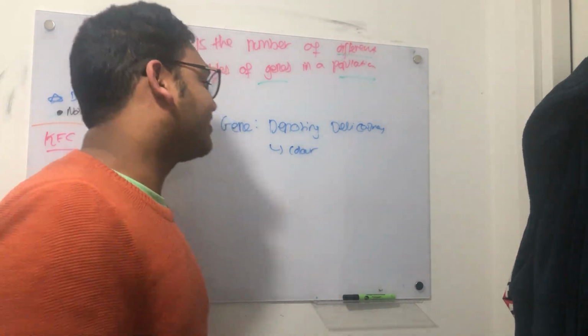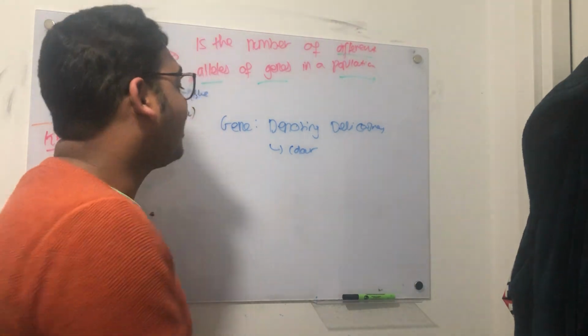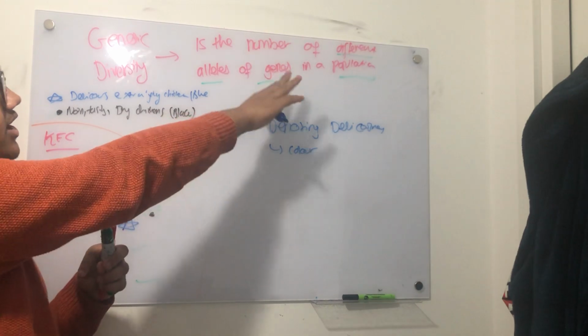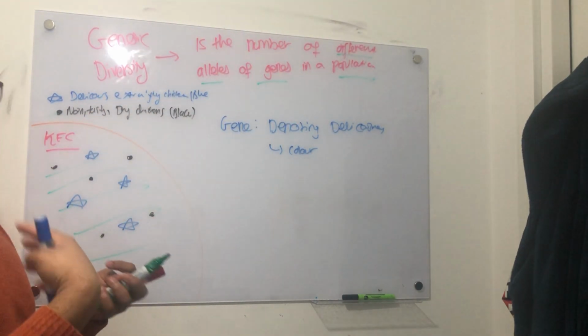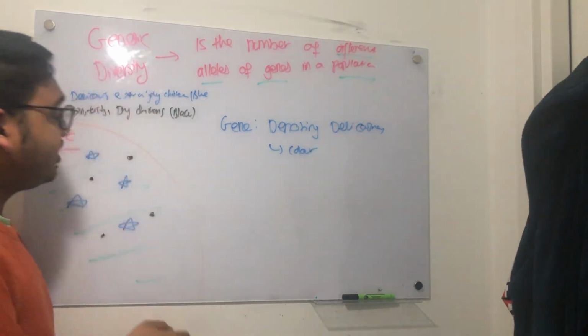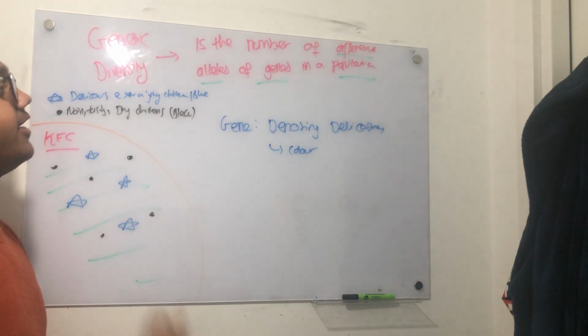We'll see why I did that, because there is no gene that denotes deliciousness, but let's just pretend for a second that there is. So in this scenario, we're investigating one specific gene, and that one specific gene is the deliciousness gene, or the colour gene, and we can see that over here.